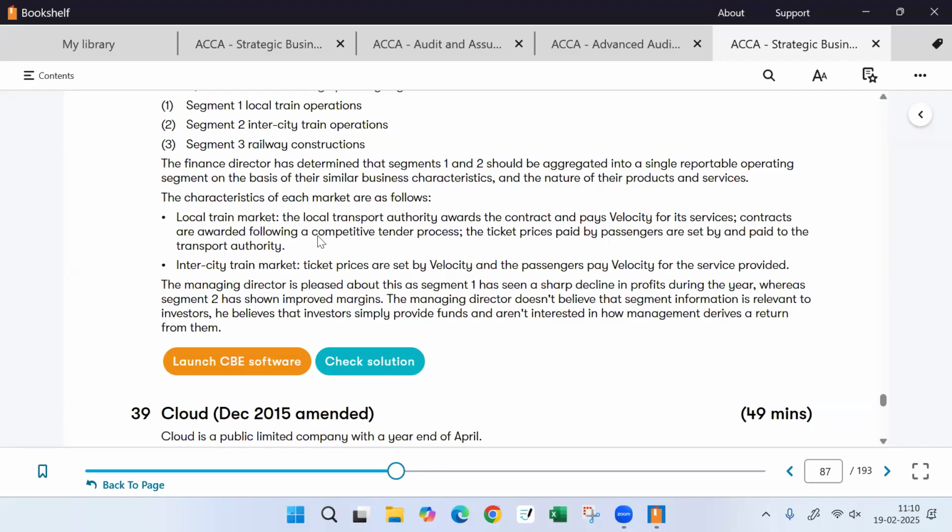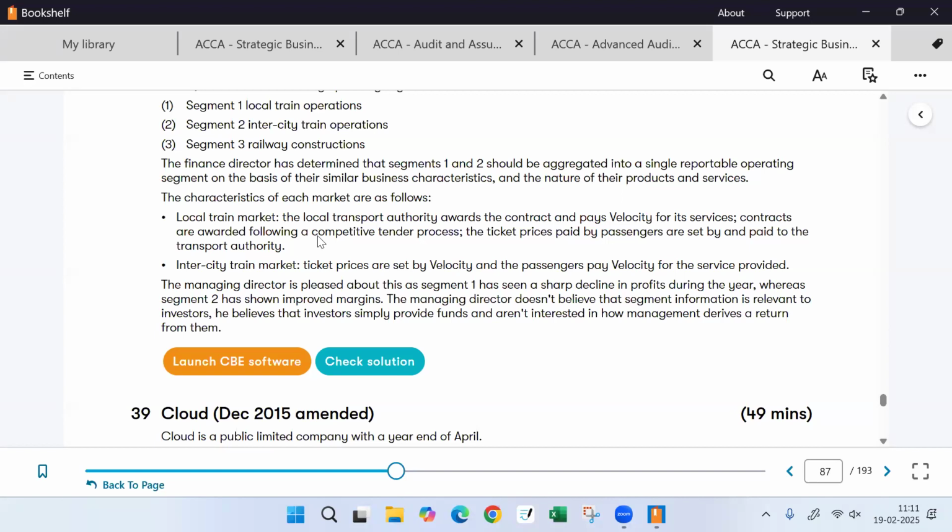In making those investment decisions, investors or creditors are likely to calculate the returns from their investments. So they have to know what resources are available, what profit is generated, what the information is. Everything should be appropriately presented. Correct? Now, we are suggesting that segment 1 and segment 2 should be combined.